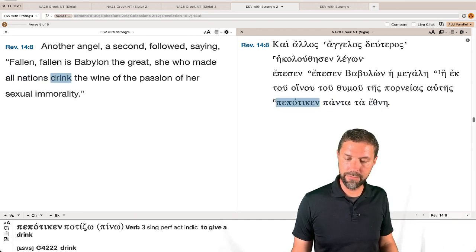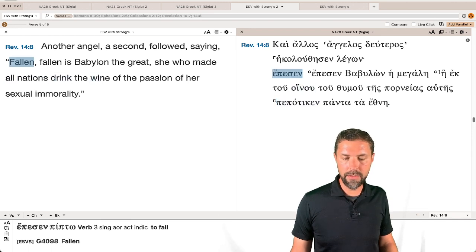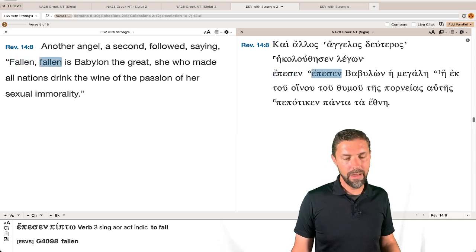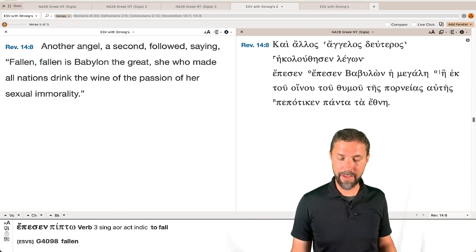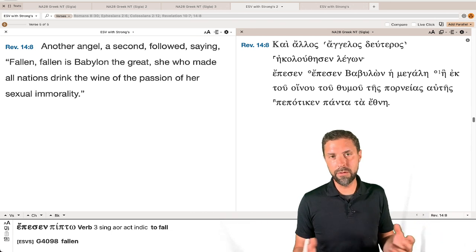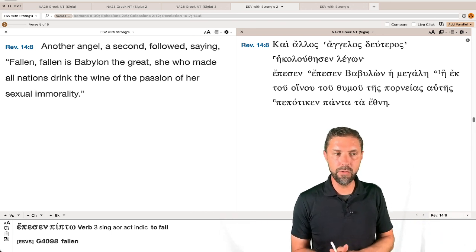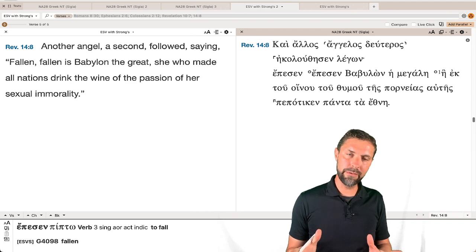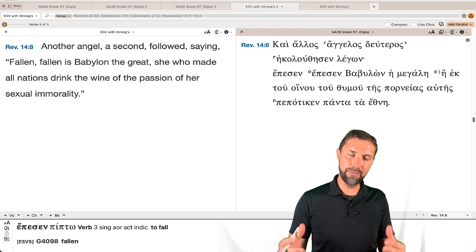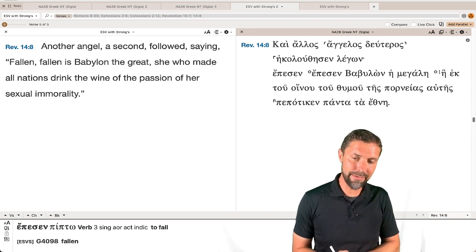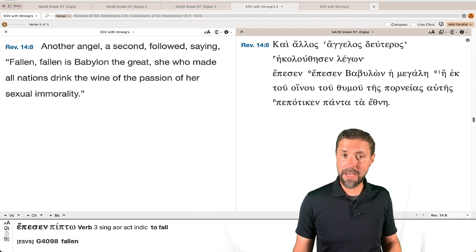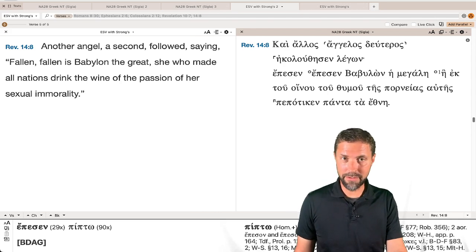All the nations were given a drink. This is the subject, and this is the verb. Okay, this up here, fallen, fallen, it's a past. As a futurist, again, my understanding is we're still waiting for the fall of Babylon. Even if you're a non-futurist, you're waiting for this world system to fall and be destroyed and be judged. But we can go ahead and talk in the past because it's a set thing. It's as good as done.